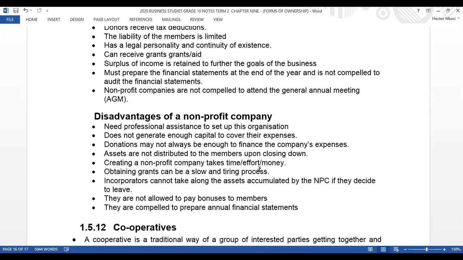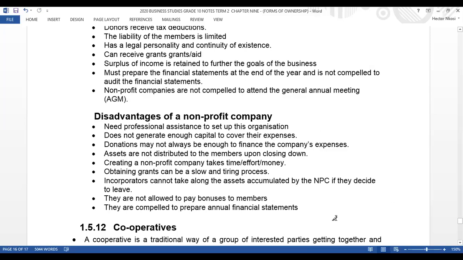During level 4 and level 5, the country had to shut down. The majority of companies did close, so they were not making any income. So what I'm trying to say is that obtaining a grant can be a slow and tiring process. Not always are you going to get it, especially in COVID times; it's just difficult for non-profit companies to get money.